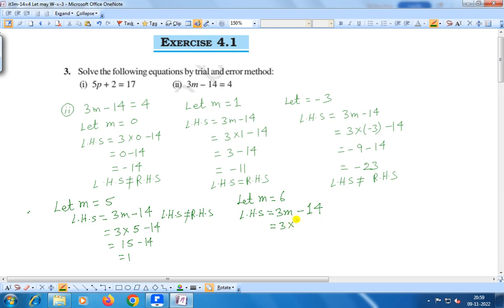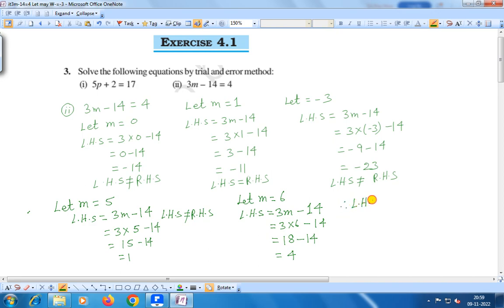Therefore 3 into 6 minus 14, 3 sixes are 18, 18 minus 14 is equal to 4, and that is equal to right hand side.